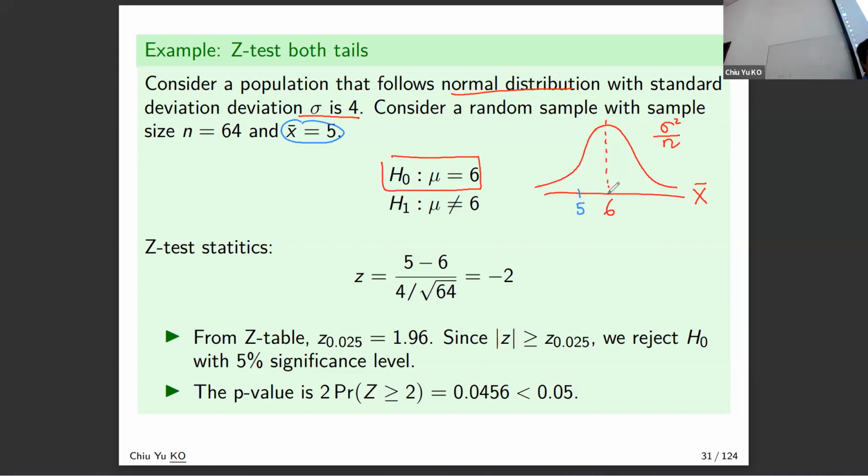Unlike the one-sided case, where if x bar is 6 we go home, here other than that we can't go home. We never go home with two sides, almost never. We always have to do something because we have to ask our question: is 5 sufficiently below 6?